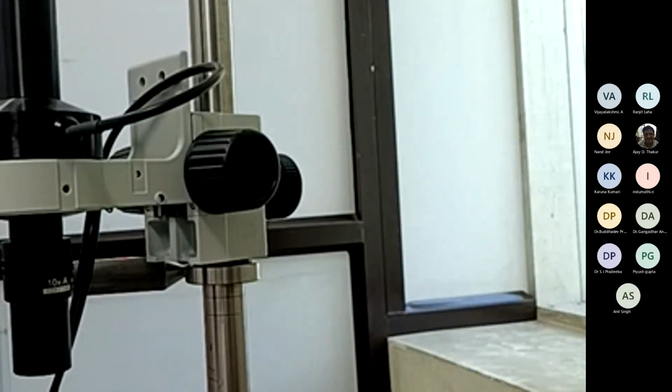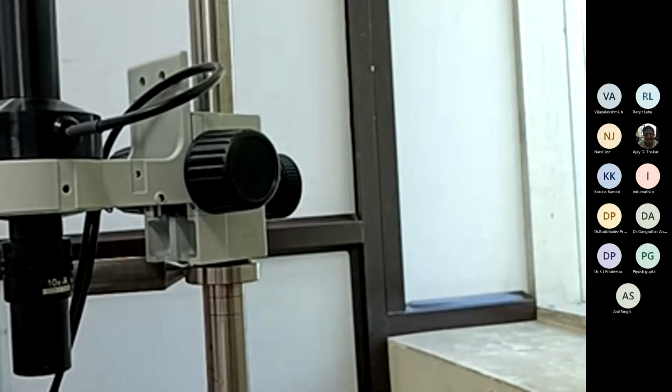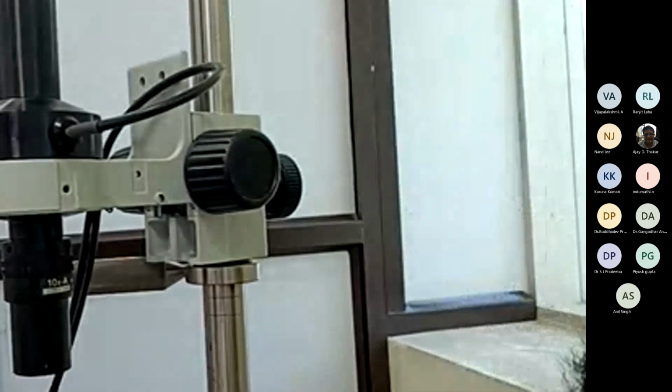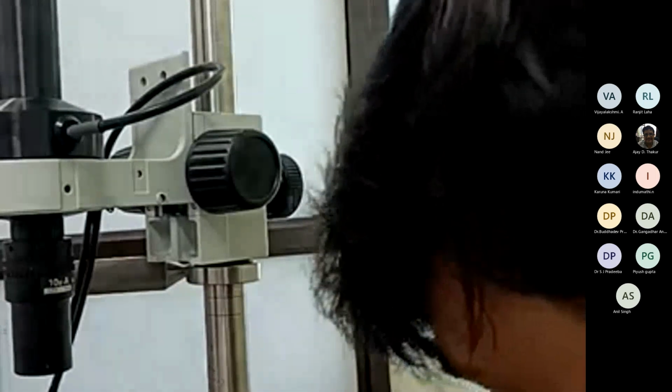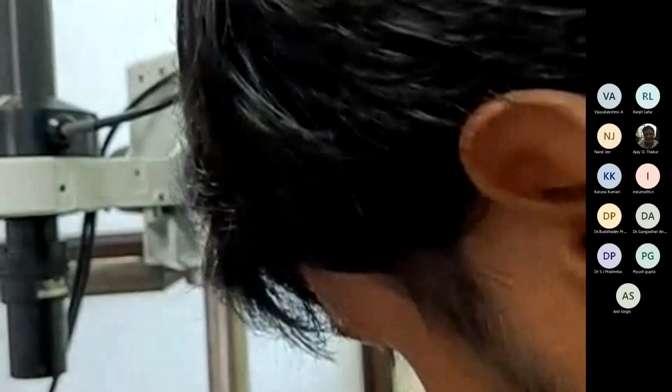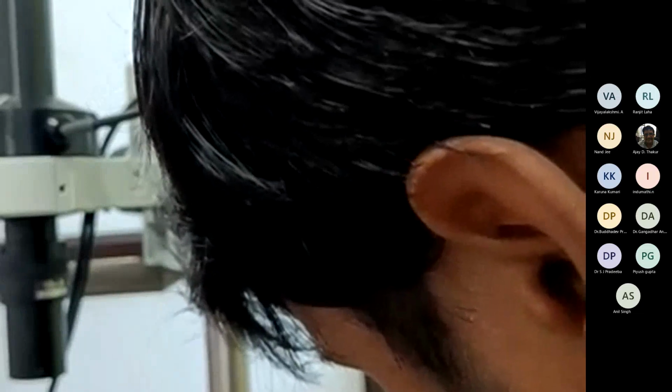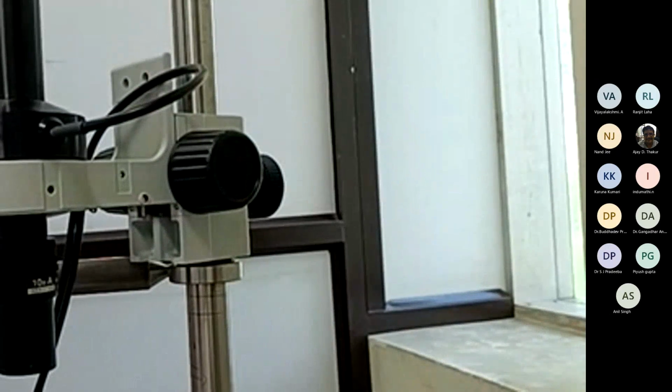So now we are going to change the module for the same sample. Since previously we saw the contact mode, in contact mode the cantilever does not oscillate, but when we do the tapping mode or intermittent contact mode, the cantilever should oscillate.